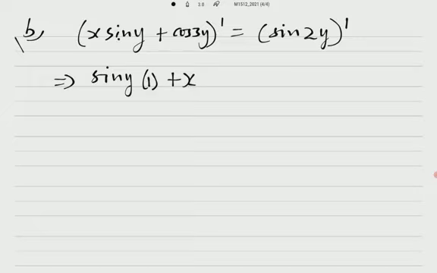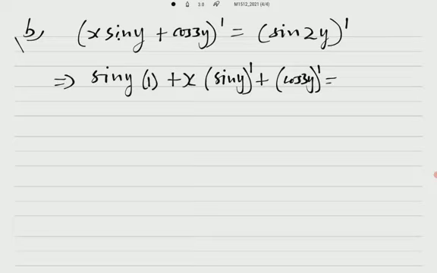Remember, you have sine y here, and you want to take the derivative of this with respect to x. Let's keep it a little bit, we are coming to that. You come to cosine, you also want to take the derivative of cos 3y with respect to y, with respect to x, but we need to start with respect to y first.